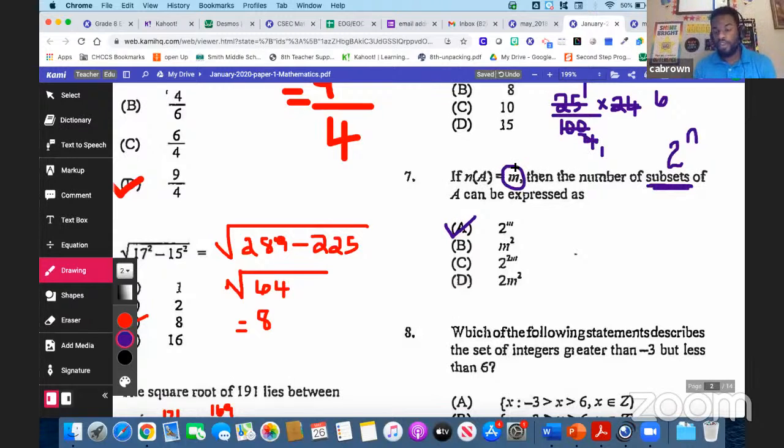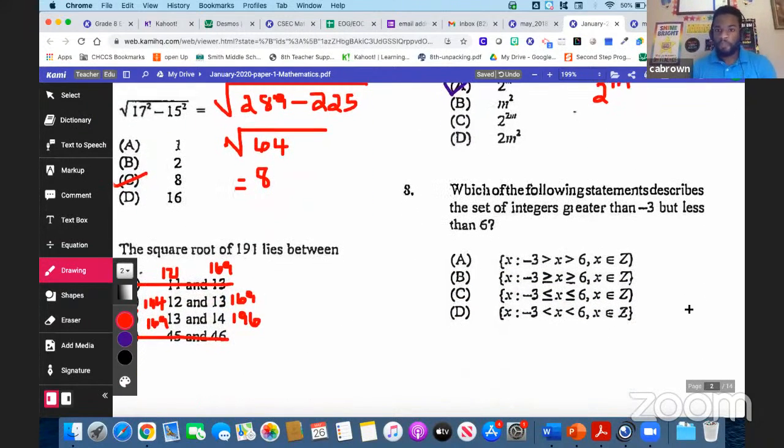Let me put some numbers there so you can see it. Let's say the number of elements in A was 5. You knew that it would have been 2 raised to the 5th power. So just replace the 5 with the m. It's the same concept. So it will be 2 raised to the power of m. So that is A.